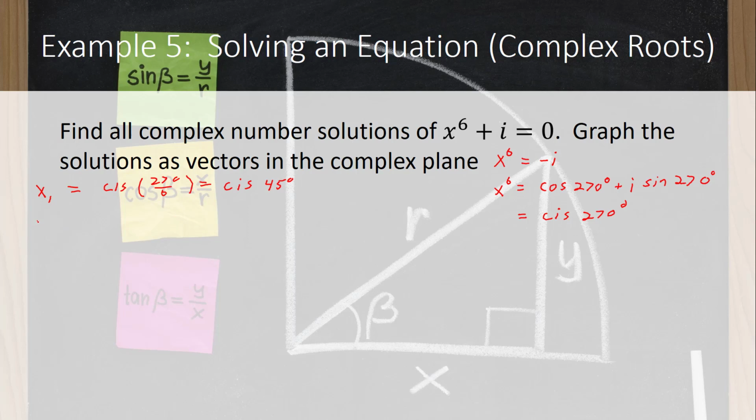The next one is going to be CIS with an angle of 270 plus 360 divided by 6, and that will give us a CIS of 105.